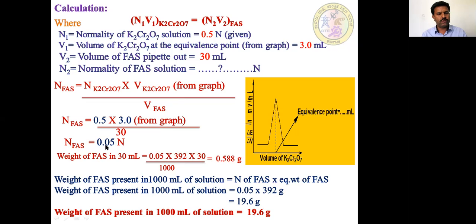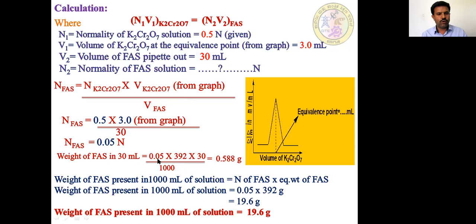Once we know the normality of ferrous ammonium sulfate solution, we can calculate the weight of ferrous ammonium sulfate. First I will calculate the weight of ferrous ammonium sulfate present in the 30 ml of solution taken, because I pipetted 30 ml.